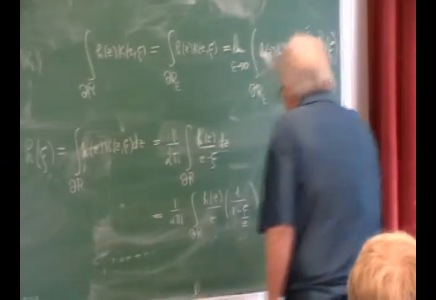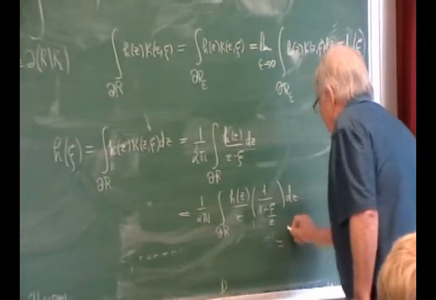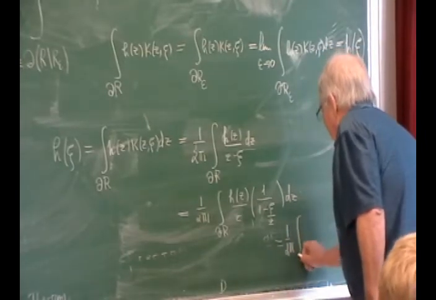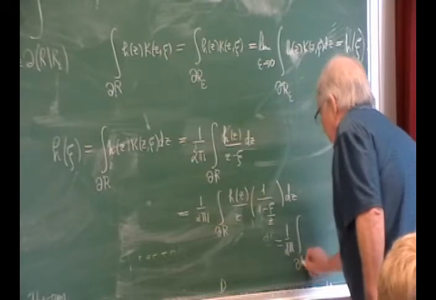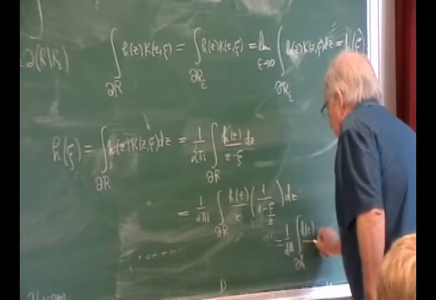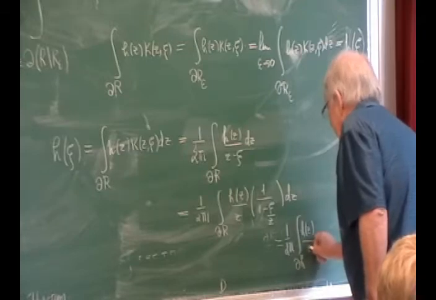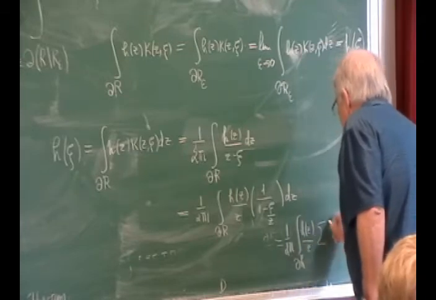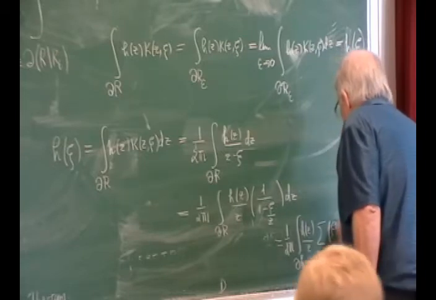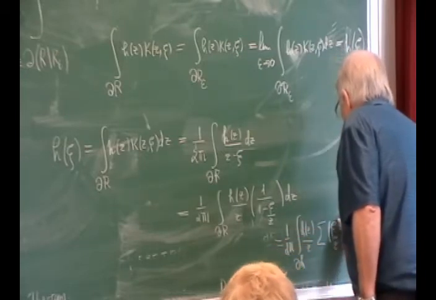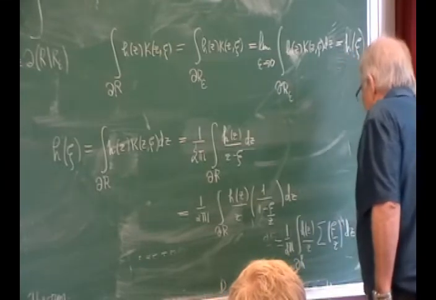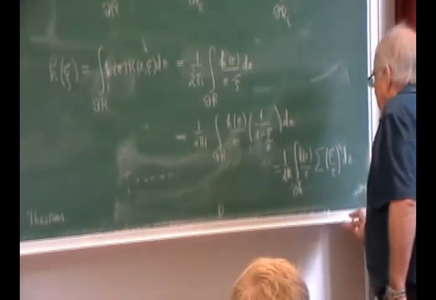So this is equal to 1 over 2 pi i, integral around the boundary of R, h of z over z, times the sum, convergent uniformly on that disk, of zeta over z to the n, dz.